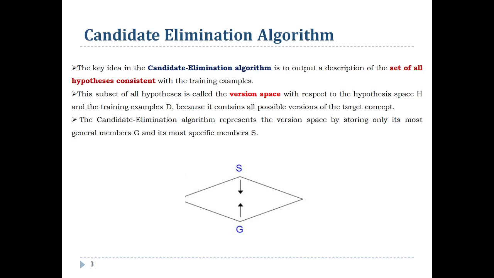In the candidate elimination algorithm, the examples are added one by one. Each example possibly shrinks the version space by removing the hypotheses that are inconsistent with the example. That's why it is named the candidate elimination algorithm. The hypotheses which are inconsistent with the training example will be removed from the set of hypotheses.